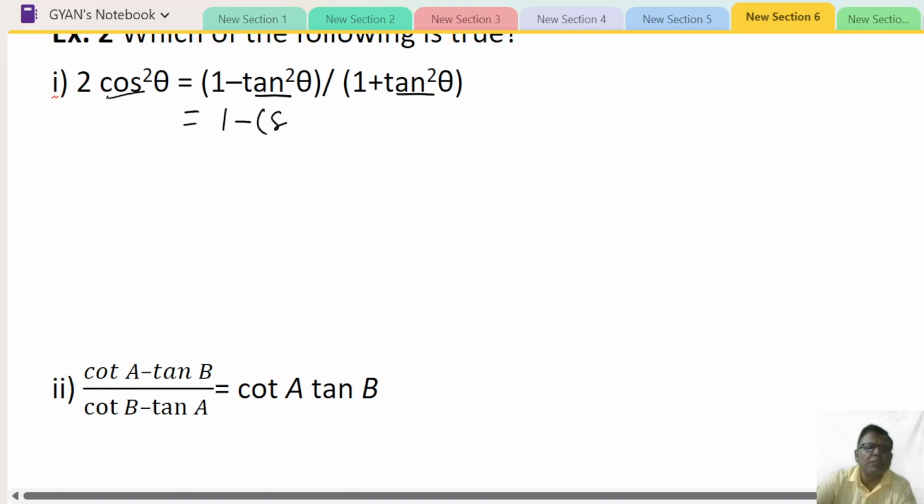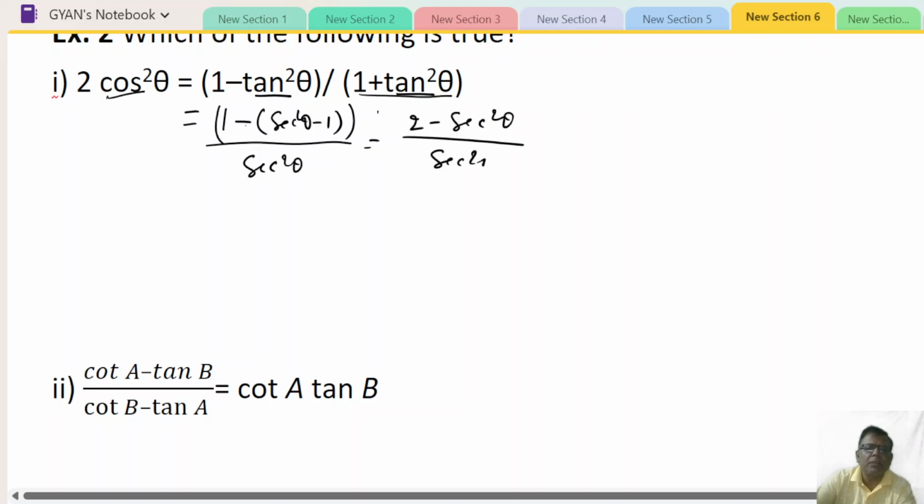So tan square theta is equal to sec square theta minus 1, divided by sec square theta. 1 plus tan square theta is sec square theta. So minus 1, minus minus plus. So 2 minus sec square theta divided by sec square theta.